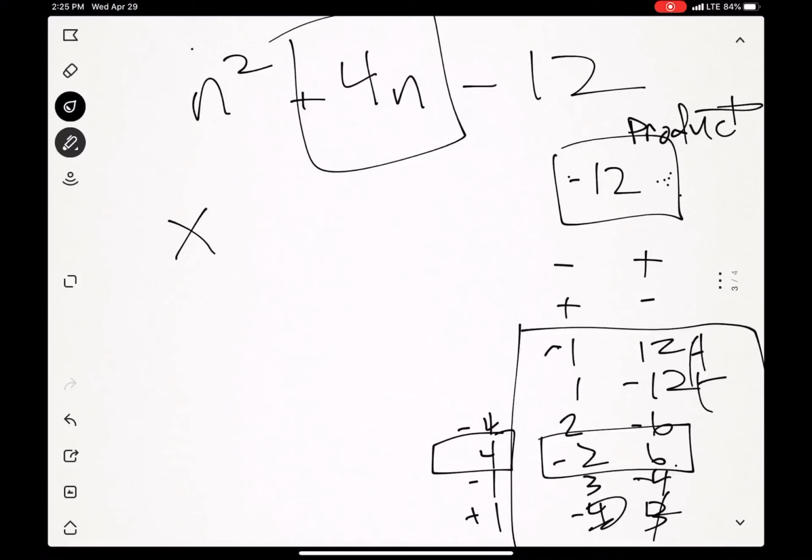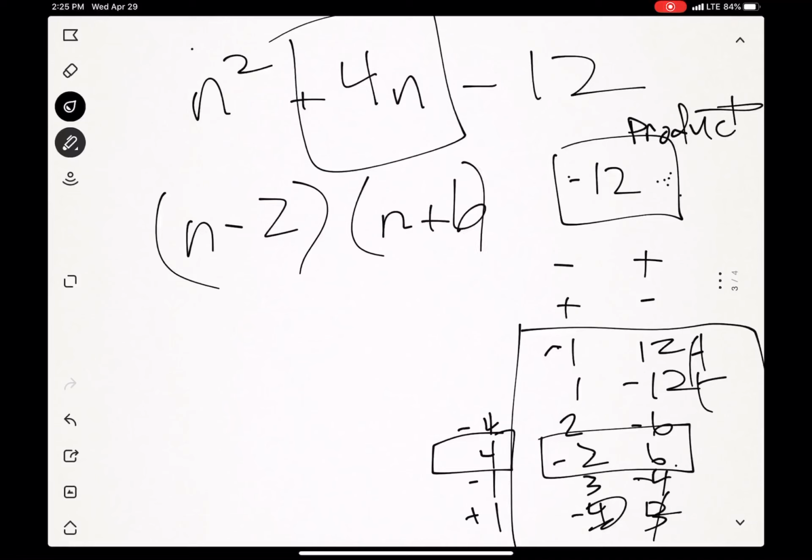And so then I just go x minus 2. Sorry, we'll do this the right way this time. We'll do n minus 2 times n plus 6. Now when I multiply n times n, I get n squared. N times 6 gives me plus 6n.